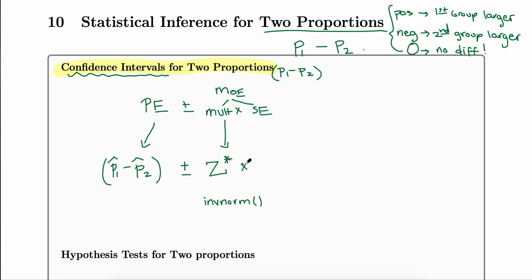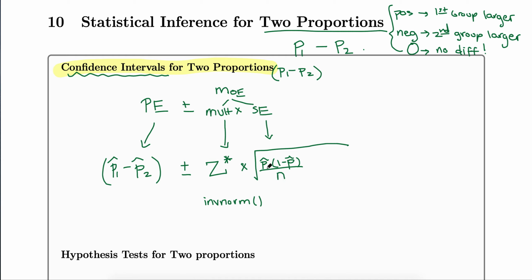And then our standard error describes the variability, how much this difference in the p hats is going to vary from sample to sample. If you remember, for one proportion, it looked kind of like this: p hat times 1 minus p hat over n, all under the square root. Now I've got the same thing, but for two groups.